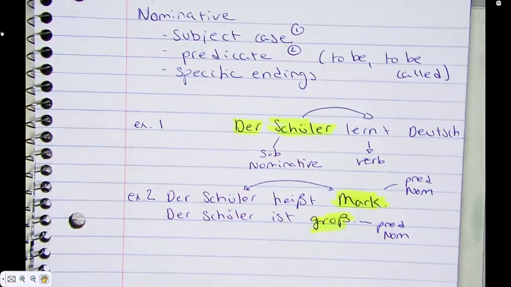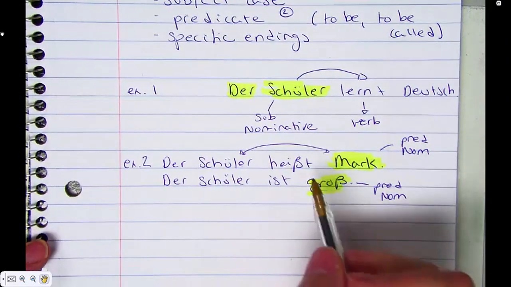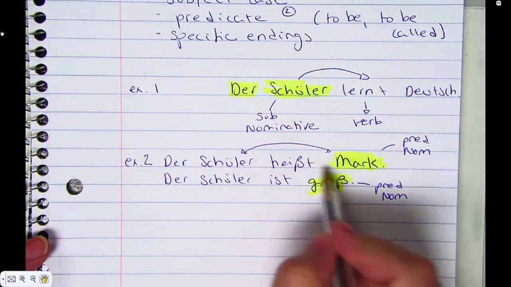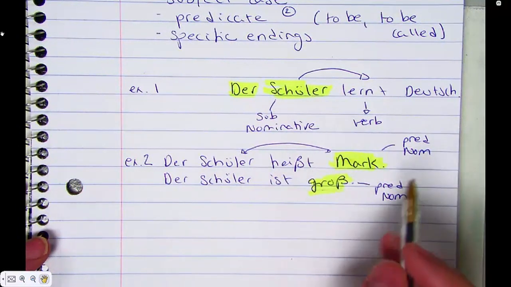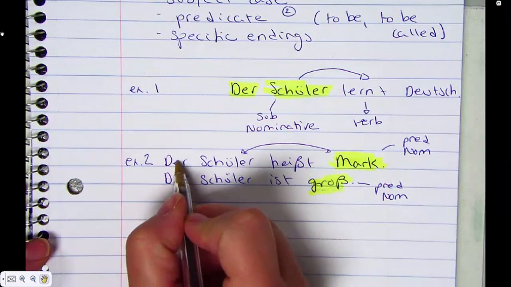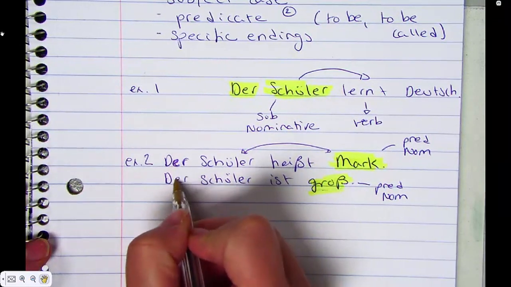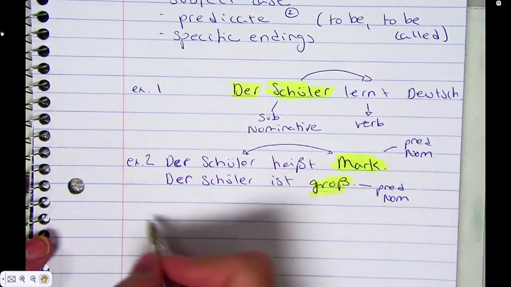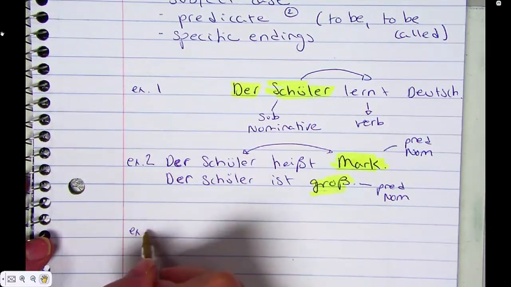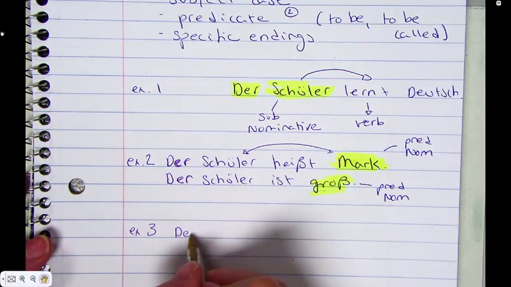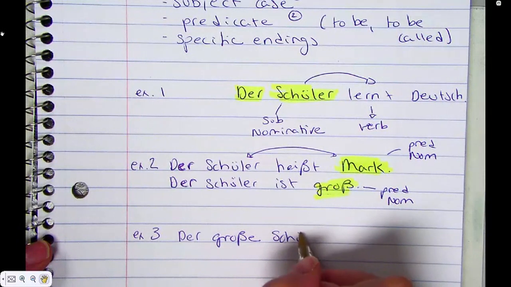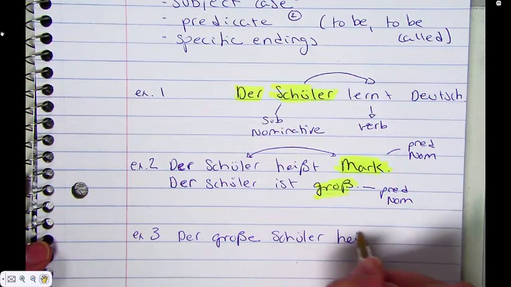All right. So I said you have specific endings. When you have something like this, like groß, for example, you wouldn't have any endings. But your der is already showing one of the endings. So I'm going to switch to the case chart really quick. I'm going to give you guys one more example to show you an ending. So der große Schüler heißt Marc.